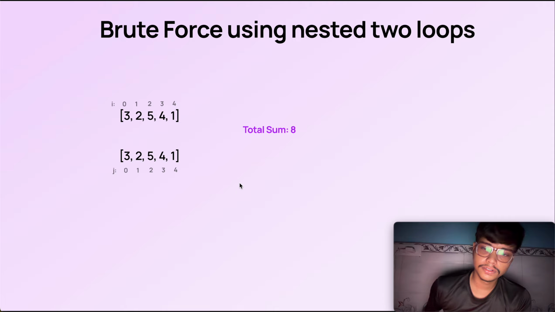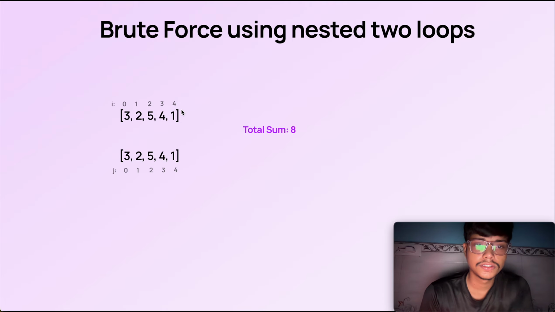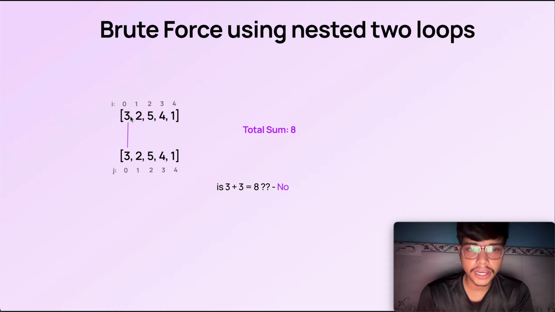Let's say we have this first loop, and inside it we have this second loop. On every element of i, we need to check for the pair, so we will check every element in j.